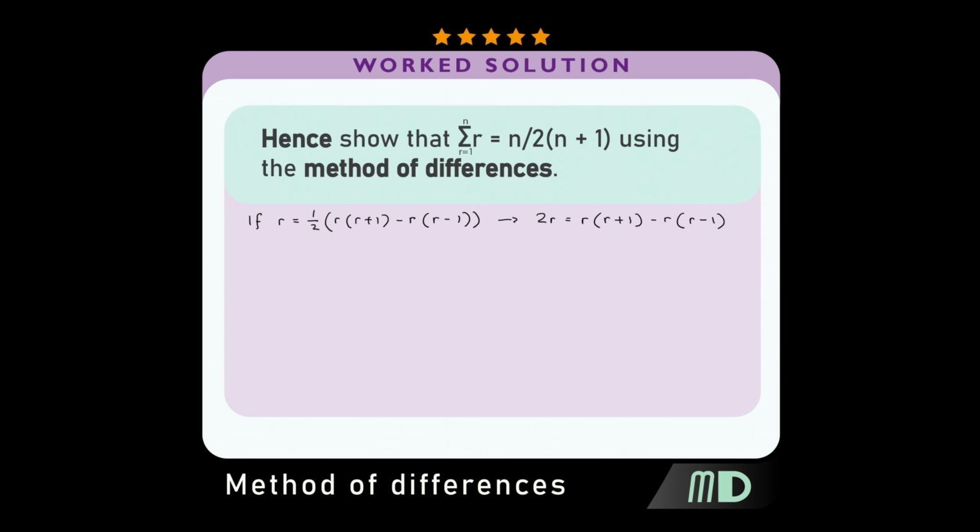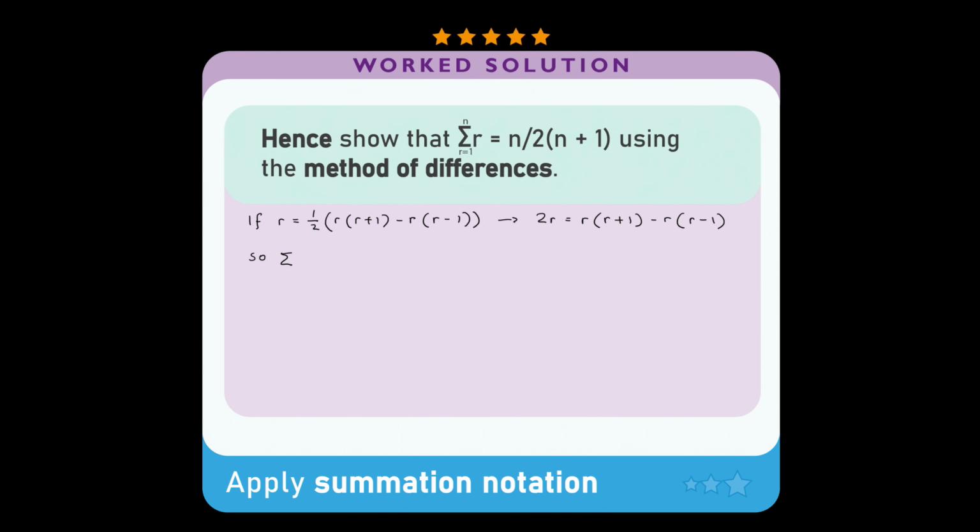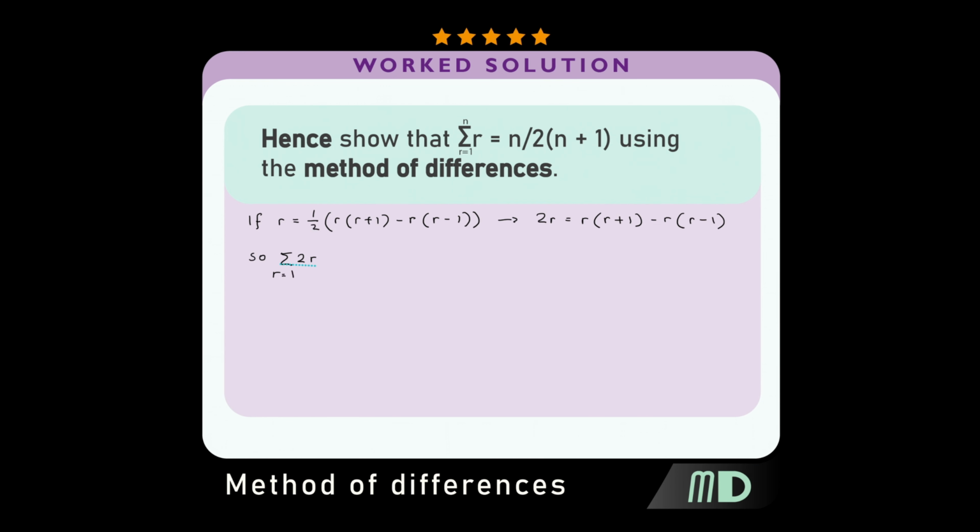Taking the sum of both sides from r equal to 1 to n gives us the sum of 2r equal to the sum of r multiplied by r plus 1 minus r multiplied by r minus 1.